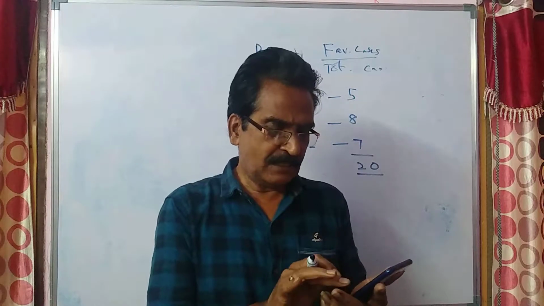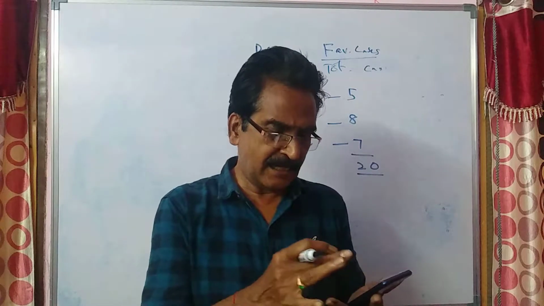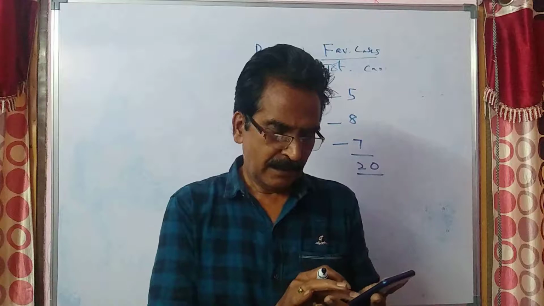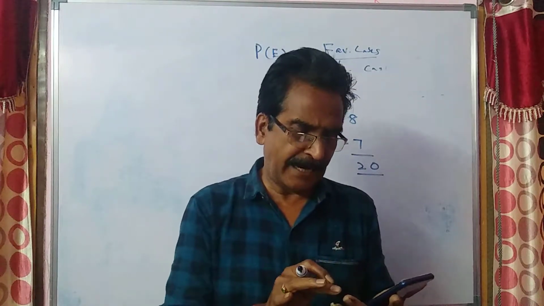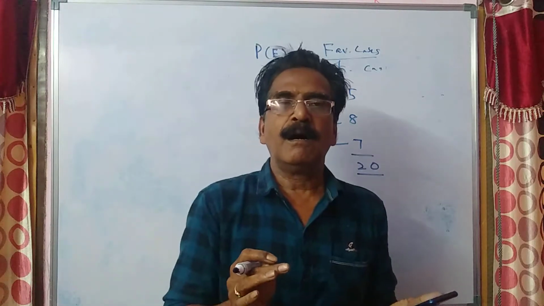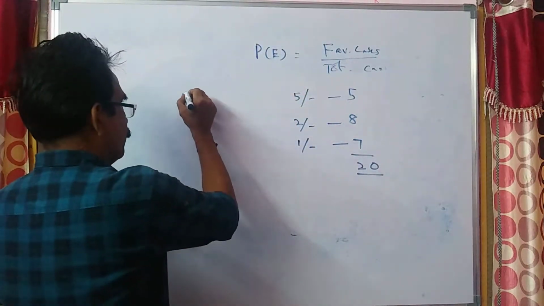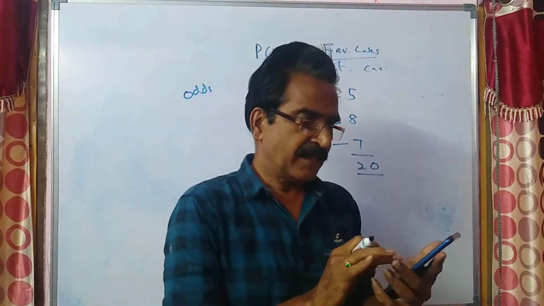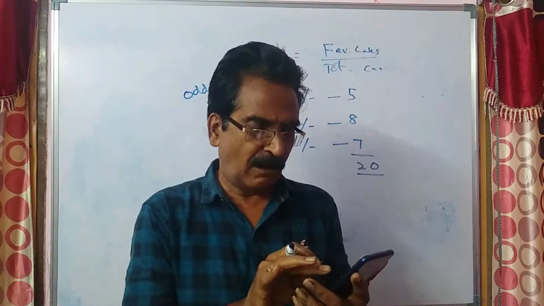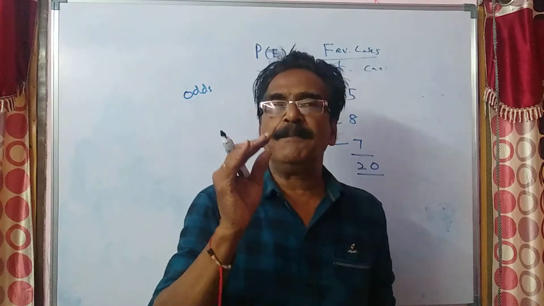See, here the question is, if 4 coins are drawn from the bag at random, find the odds, ODDS, in favor of the draw yielding the maximum possible amount.